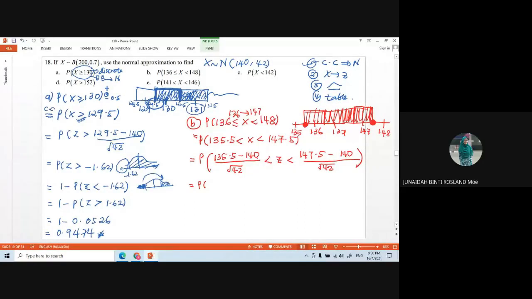Negative 0.69. Yang ni negatif ni. Negatif 0 point, zero point something.